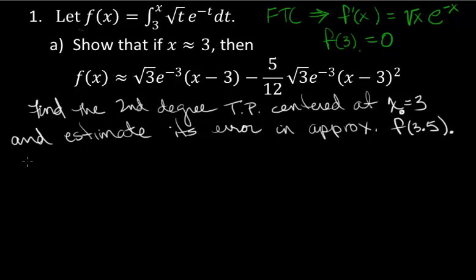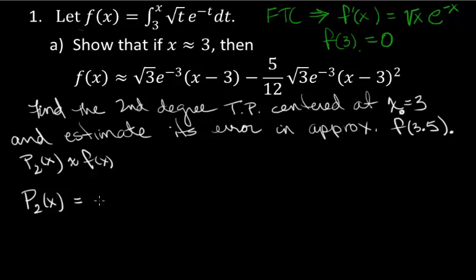We know that p2 of x is approximately equal to f of x if x is in the interval of convergence. So all we need to do is find the second degree Taylor polynomial. All right, write it down. This is what comes from memorizing the coefficients.